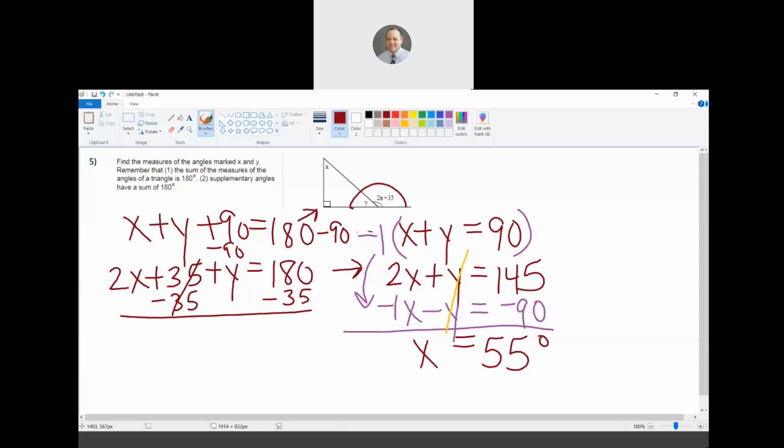Now to find the second angle measurement, you can pick any equation in your system to find the other angle. I'm using x plus y equal to 90.